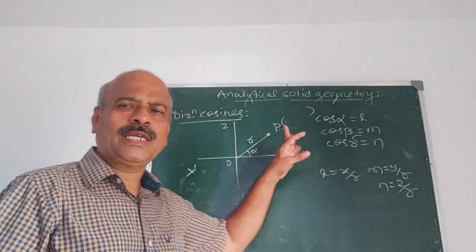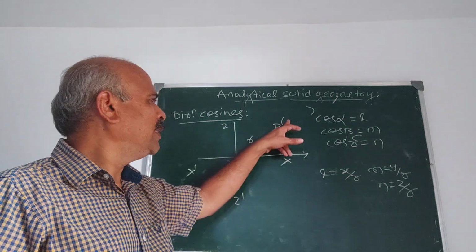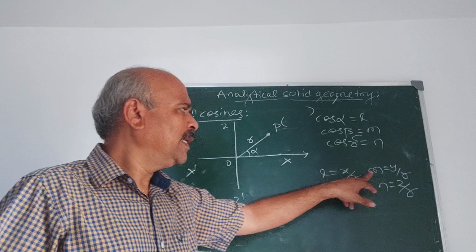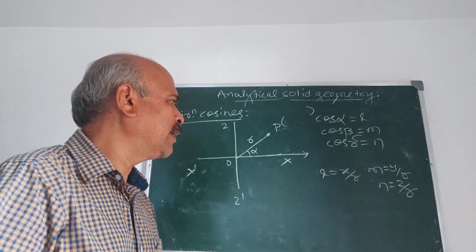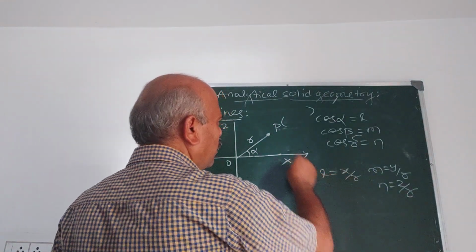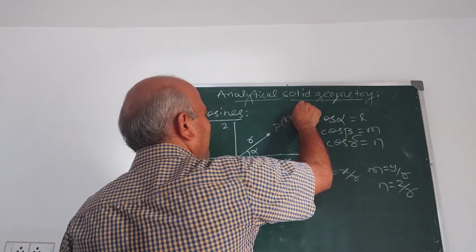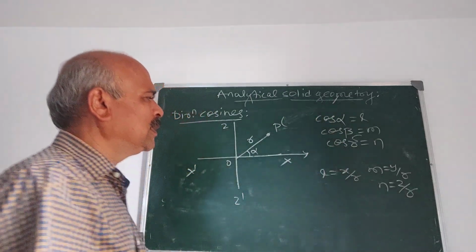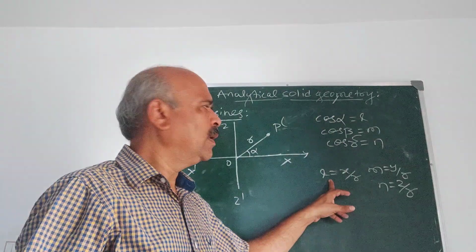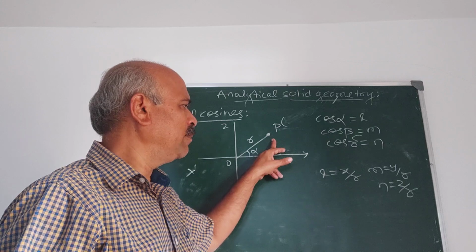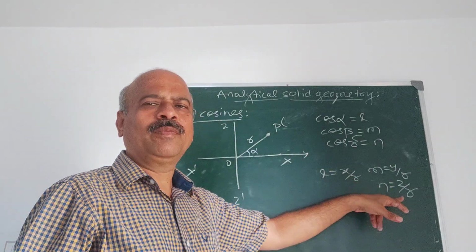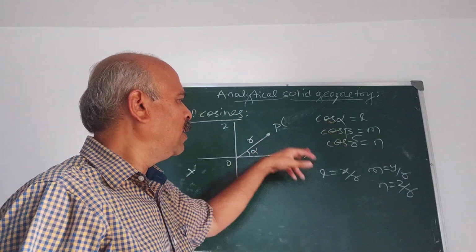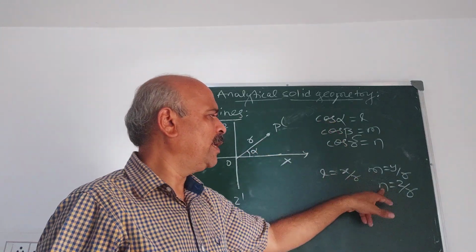If distance OP is r and x, y, z are the coordinates of the point, then l is x by r, m is y by r, n is z by r. Or we represent x is lr, y is mr, z is nr. So this relation is important. What is r here? Distance OP. x, y, z are the coordinates of the point.